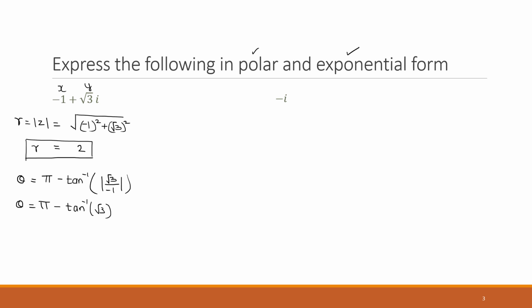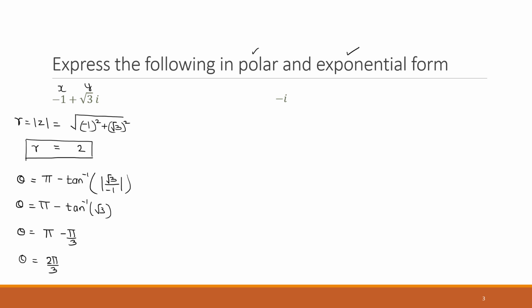Tan is root 3 for 60 degrees. So pi minus pi by 3. So theta comes out to be 2 pi by 3.